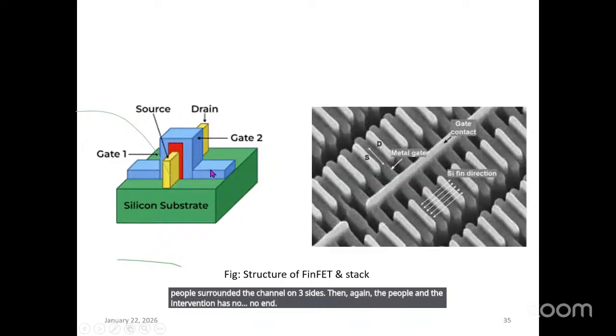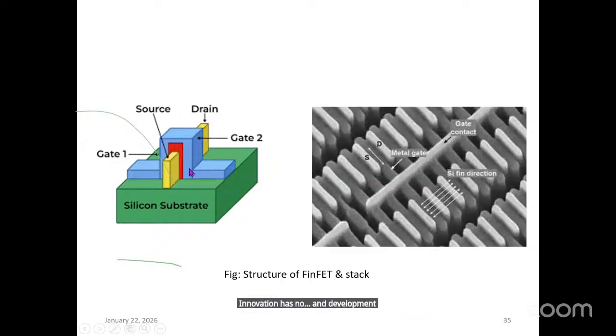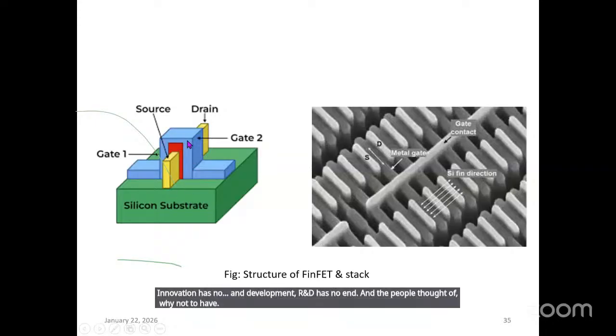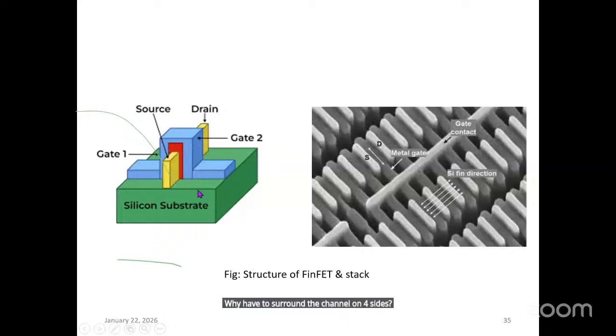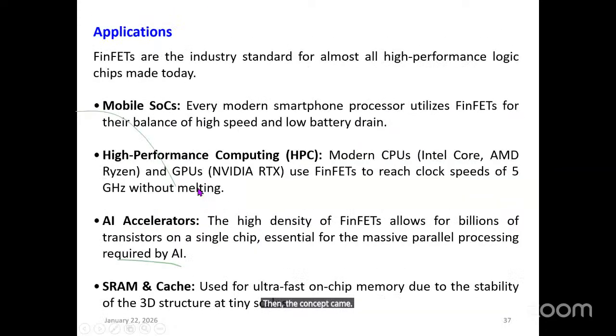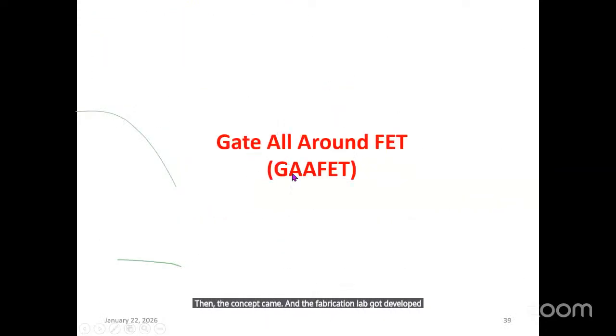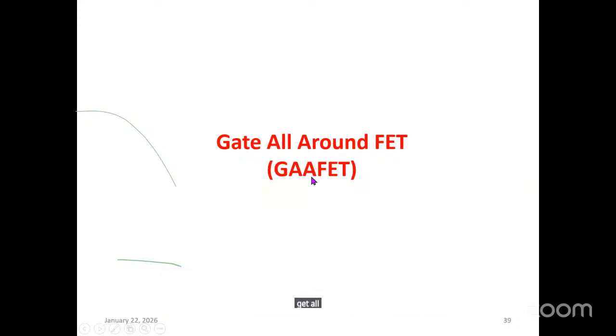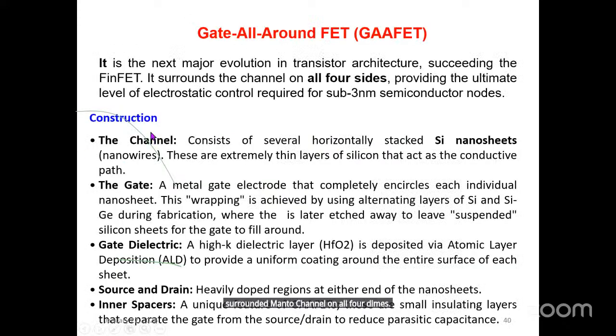Innovation has no end. Development, R&D has no end. And the people thought of why not to surround the channel on 4 sides. Then the concept came, and the fabrication lab got developed, and that new FET is called as a GAA FET, gate all around. This FET has got the gate surrounding the channel on all 4 sides.